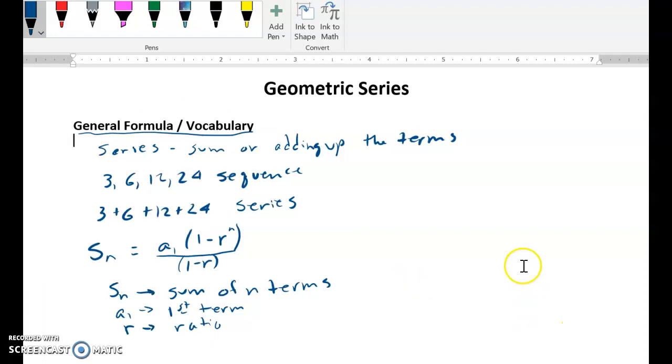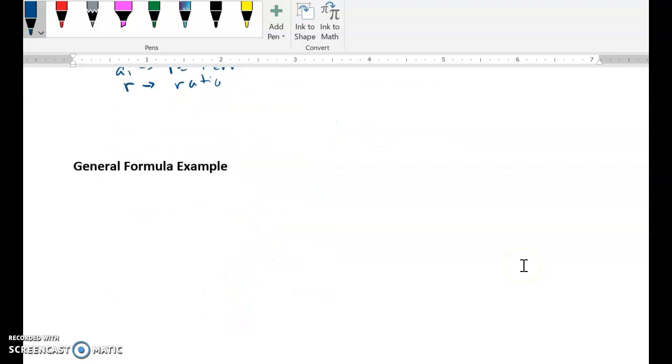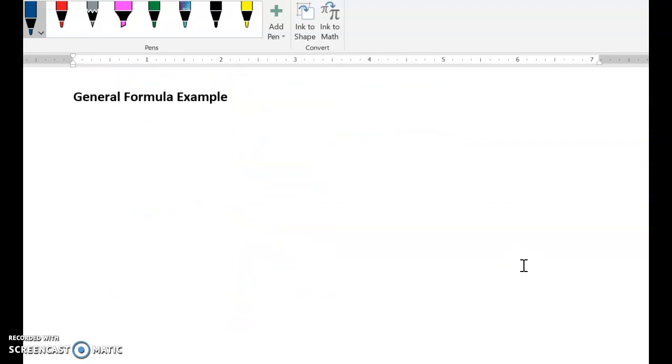Let's take a look at an example of using that formula. So let's go back to our sequence of 3, 6, 12, 24, etc. We have r is equal to 2 and our A1 is equal to 3. Let's find the sum of that series.